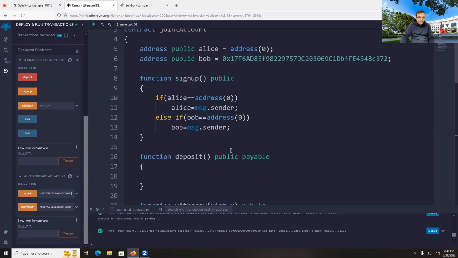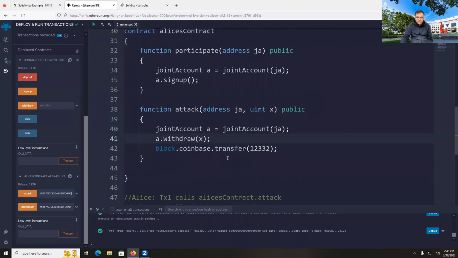So in this case, actually, since there are no competing transactions, it should just succeed and the balance of Alice's contract should go up, right? Because Alice's contract will just call the withdraw in joint account and that should succeed. And of course, a little amount is also paid to the miner, but who cares about that? Let's do the attack.